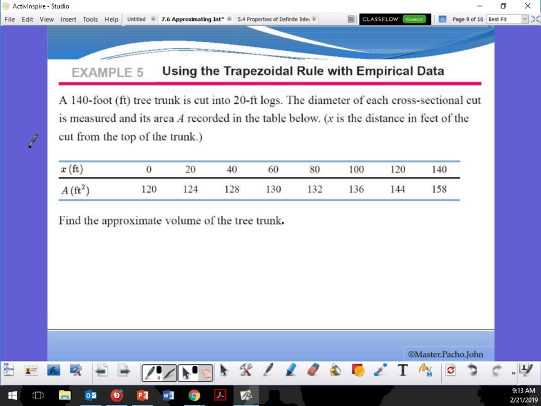It says the diameter of each cross-section cut measured is the area A recorded in the table below. X is the distance in feet of the cut from the top of the trunk. Find the approximate volume of the trunk. So area, right? It's area, but it's tall.